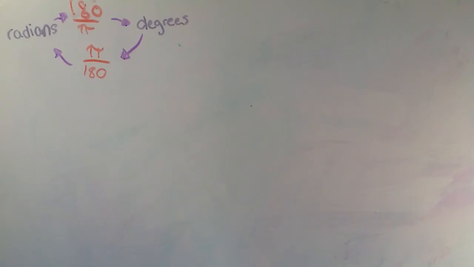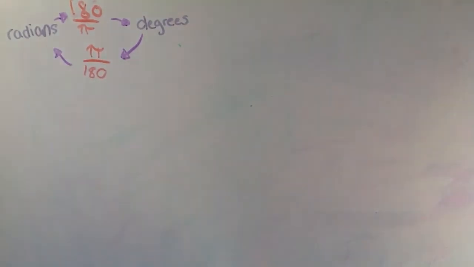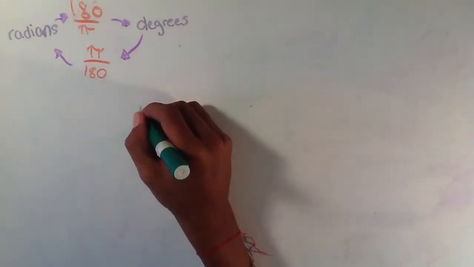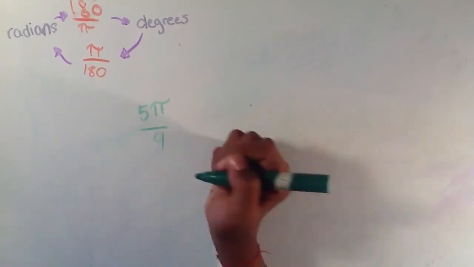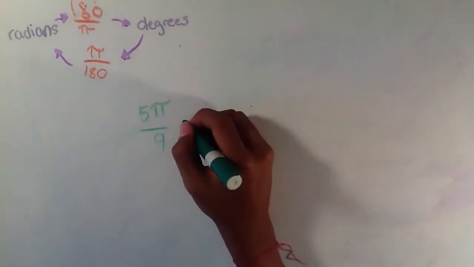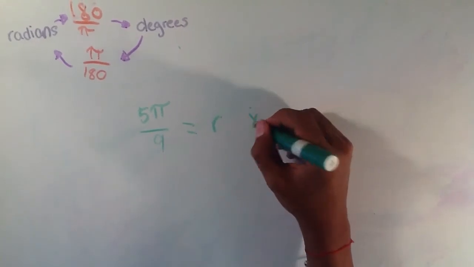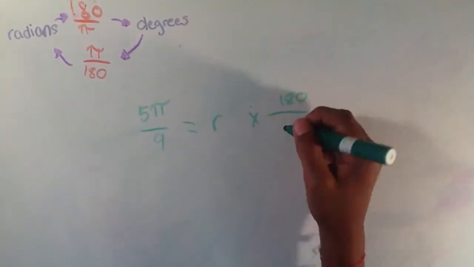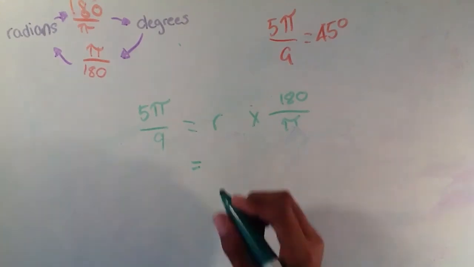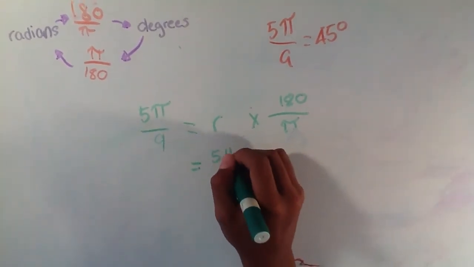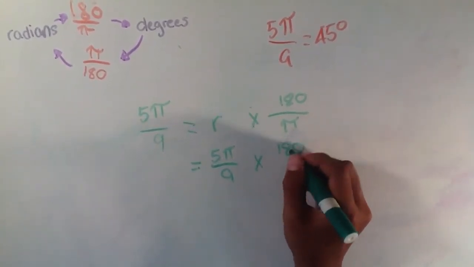If we want to convert to degrees, we can use the opposite operation. If we take 5 pi over 9, we have to say the radians times 180 over pi. If we substitute these values in, we get 5 pi over 9 times 180 over pi.